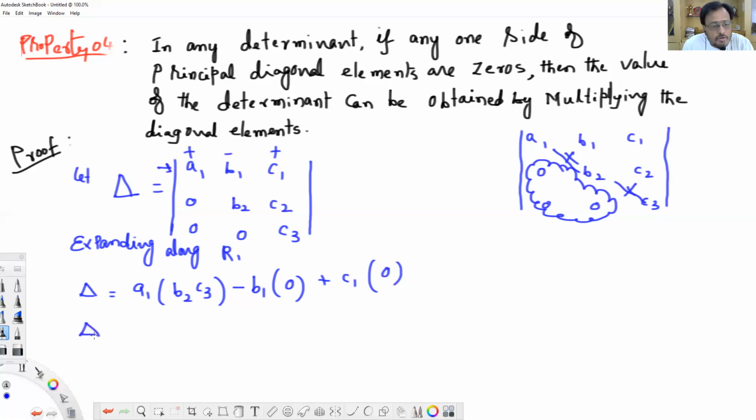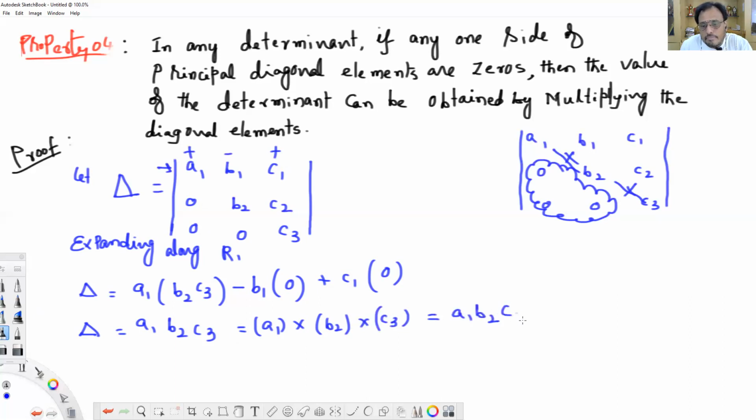Finally the answer will be A1 B2 C3, that is, A1 the first element into B2 into C3. So if any one side of the principal diagonal elements are zeros, the value of the determinant can be obtained by the product of diagonal elements. So this is property number 4.